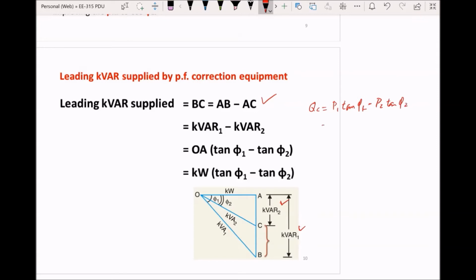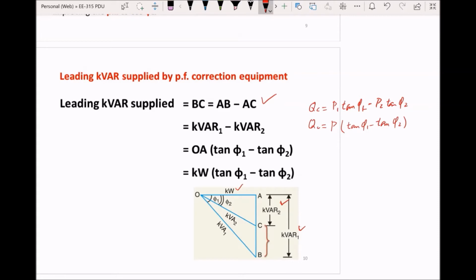And we also know that when the power factor is corrected using, let's say, a static capacitor, then it doesn't make any difference to the active power being drawn. So P1 and P2 can be taken as a common P times the tan of phi 1 minus tan of phi 2. So this was derived using the static capacitor.